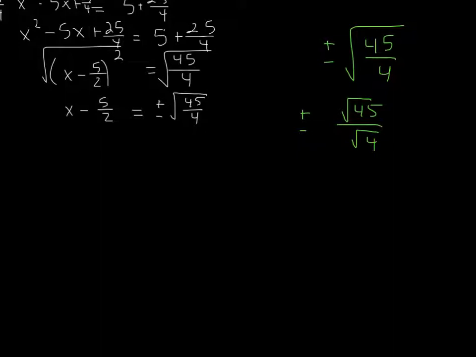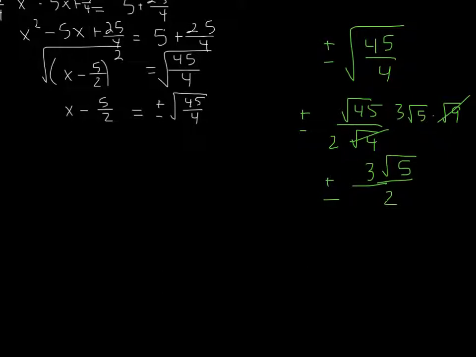So this becomes 2 on the bottom. Now, the square root of 45 can break down into what? Square root of 5 times the square root of 9. And what's the square root of 9? 3. So what do we have? We have 3 root 5 on top over 2, right?